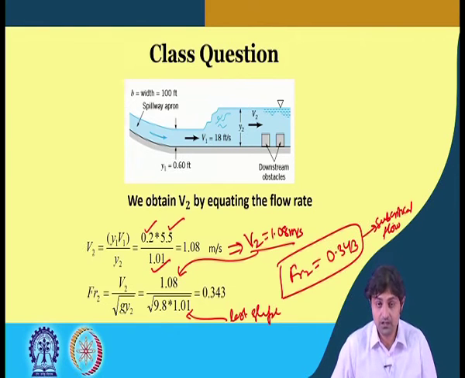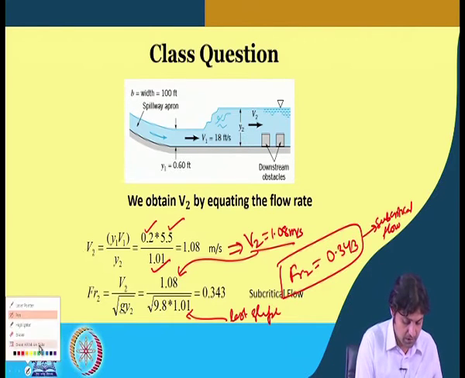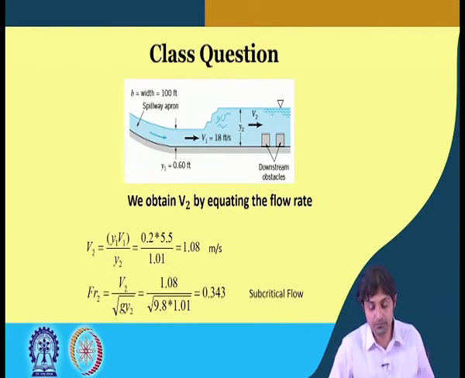When the system undergoes hydraulic jump, the supercritical flow turns into a subcritical flow. So, Froude number is more than 1, and after undergoing the hydraulic jump, the Froude number becomes less than 1. So, the flow becomes subcritical. As it is written here, it is a subcritical flow.